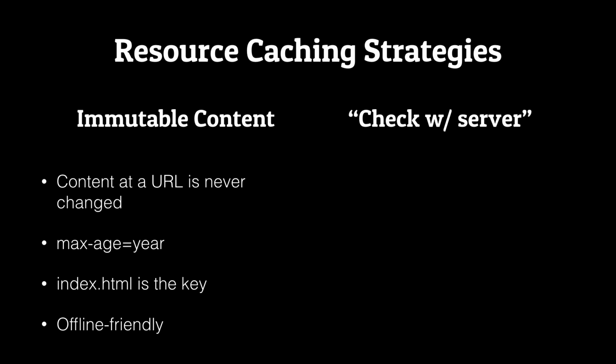The check with the server strategy allows URLs to be rewritten, meaning you're potentially publishing something like a vendor.js file over and over, rewriting the contents of vendor.js multiple times each time we deploy.